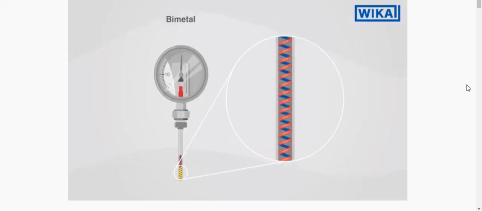These metals possess different thermal expansions. The bimetal bends in one direction with heat and in another with cold. Through the mechanical deformation of the bimetal strip in a spiral tube, a rotational movement results caused by temperature changes. This is transferred through a pointer shaft to the pointer of the instrument.